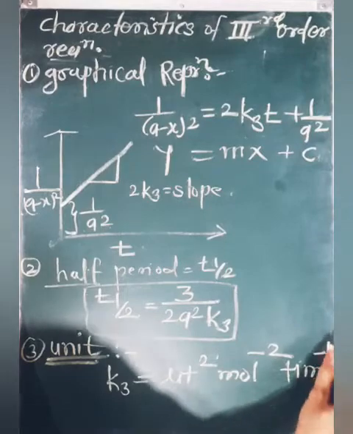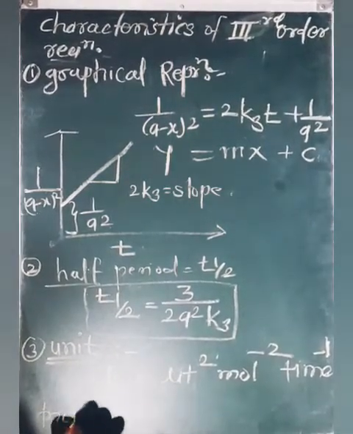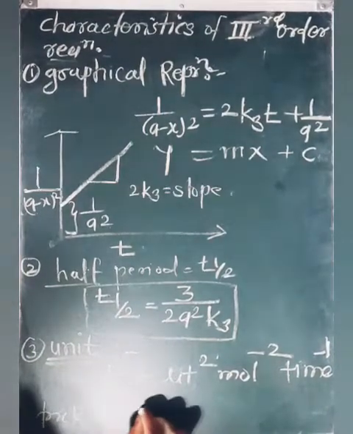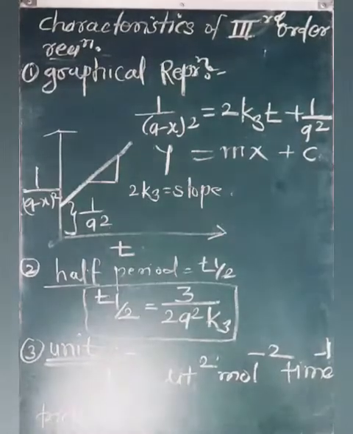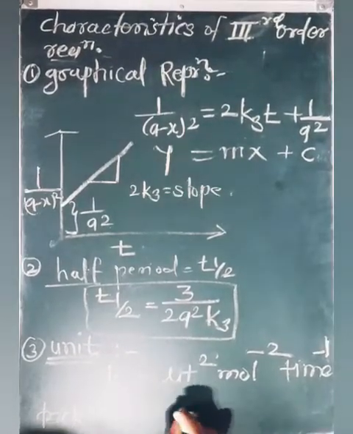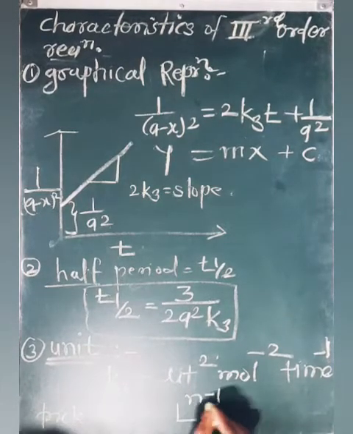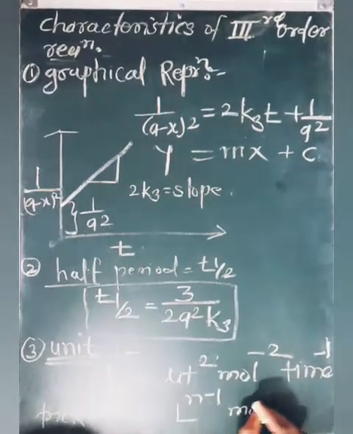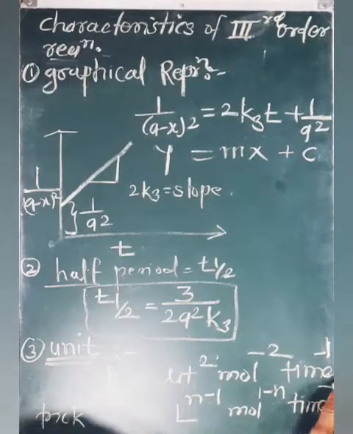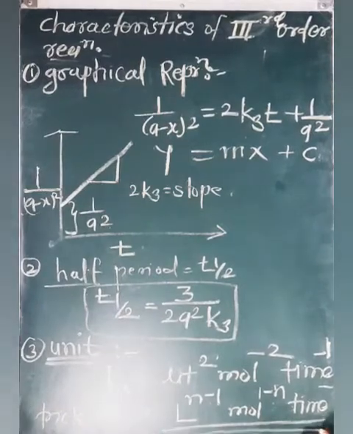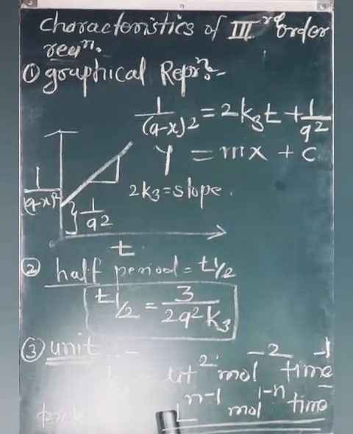And here is one trick we should remember: the unit of the rate constant is found by using a simple trick, that is L raised to n minus 1, mole raised to 1 minus n, per time. By using this trick, we are able to find the unit for any order of reaction.